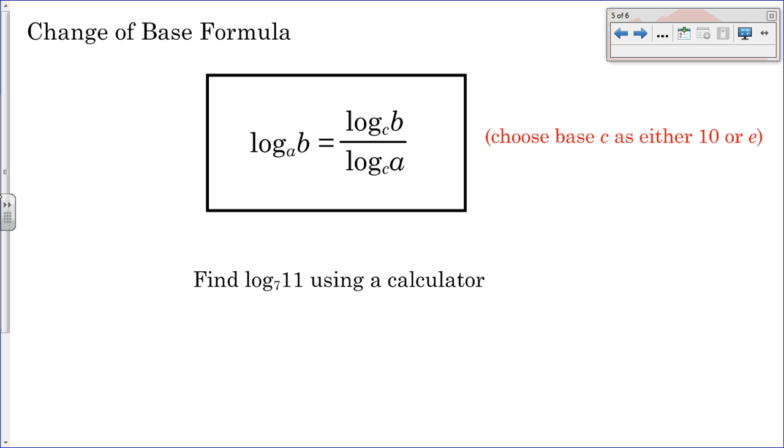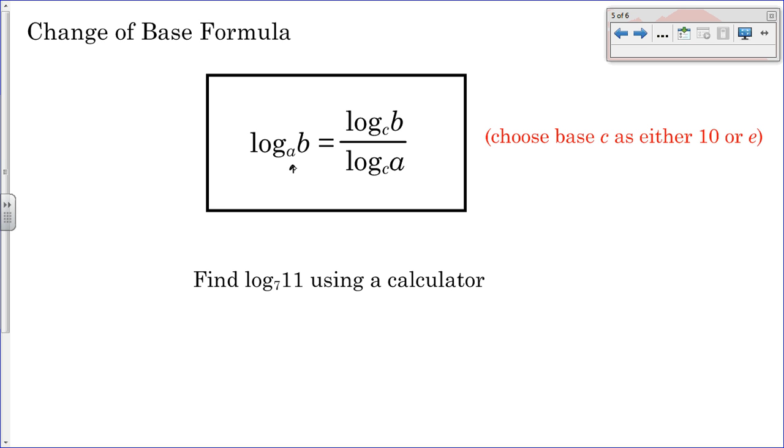Now the last one, and this is usually the most confusing one, but it's not that bad. To me, it's not confusing at all. If you have the log base A of B, and A is not either 10 or E, which in this case, if it was E, this would be a natural log.